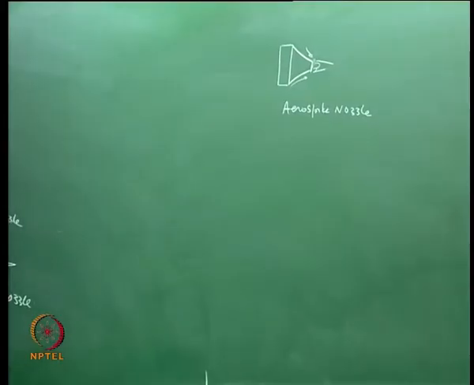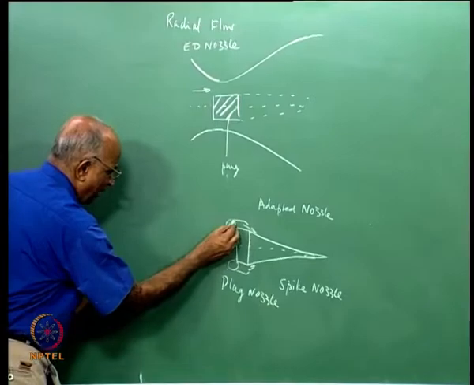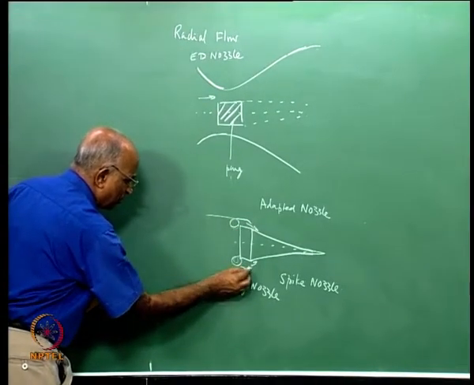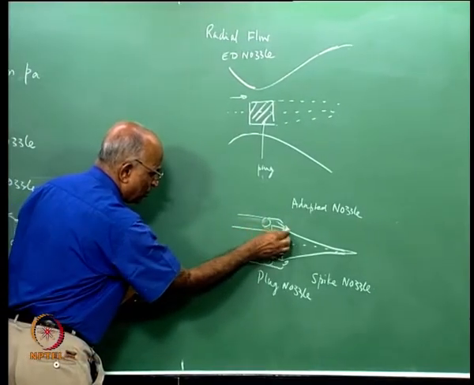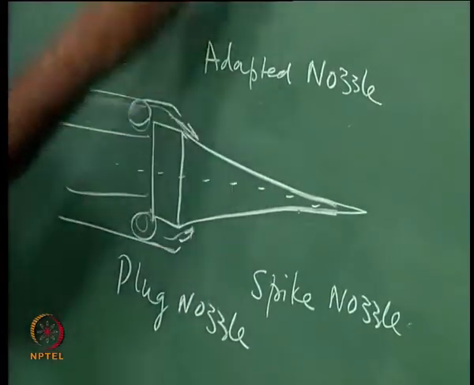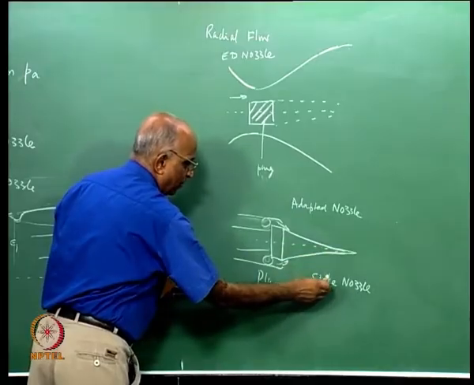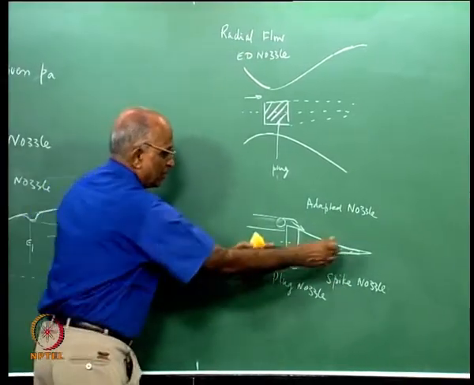Let me make these things very clear. What we are saying, the combustion is happening over here, an annular combustion chamber, or I have the combustion chamber over here, somewhere over here combustion is taking place, I push the flow along this, I allow the spike to regulate it. Instead of having an outer boundary which regulates the pressure, I have an inner boundary which corresponds to a spike, which we call a plug nozzle or a spike nozzle, because this is a plug.